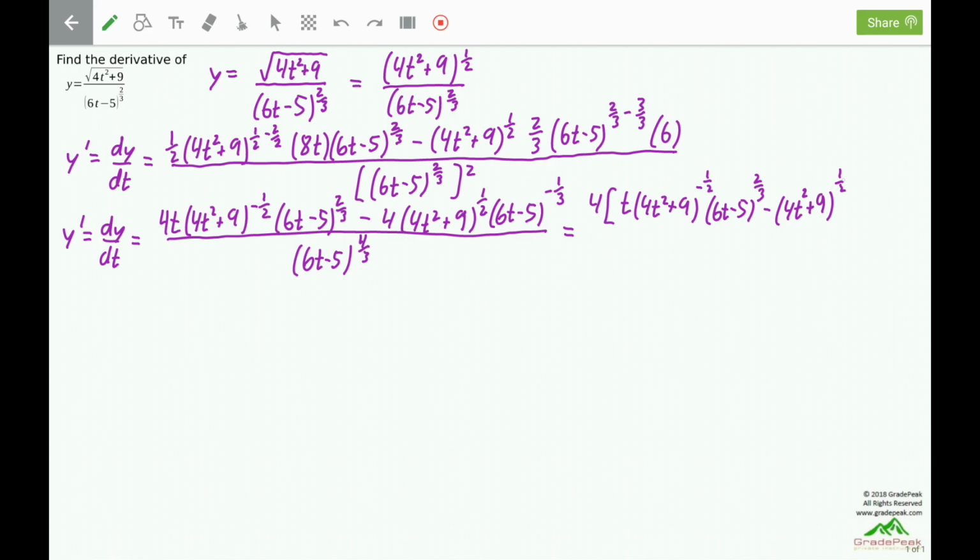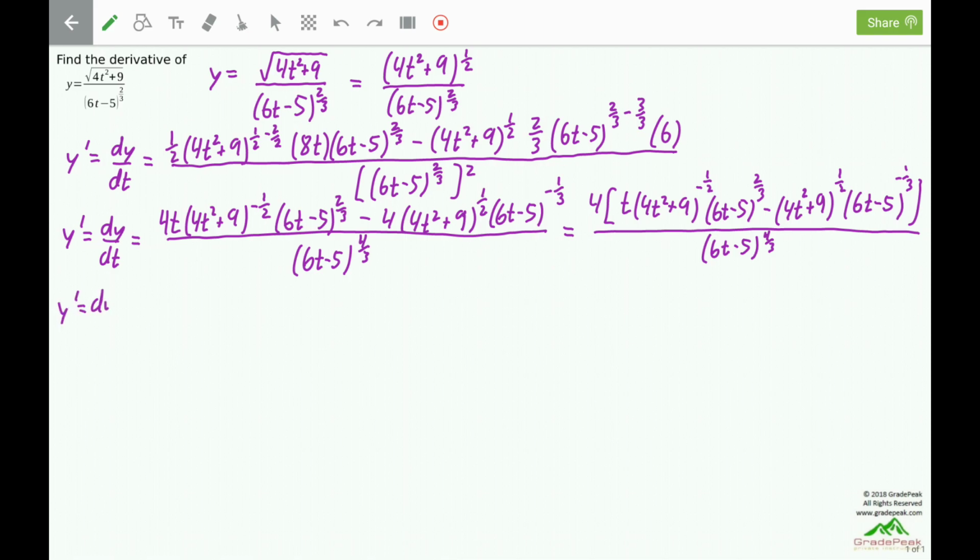Remember, I factor out the 4, so it'll just be a minus 1 in front of that. And then a 6t minus 5 to the negative 1/3. All of that is over that denominator, which I'm just going to leave alone. 6t minus 5 to the 4/3 power.